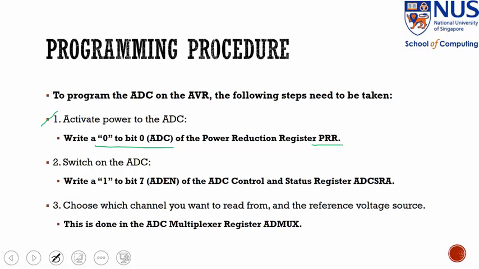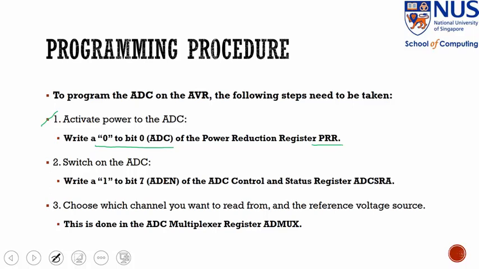So we do not want to power up all the modules within the microcontroller during power up itself. That will mean that the power consumption of the whole system will be at a very high level from the very start, and you don't want that.